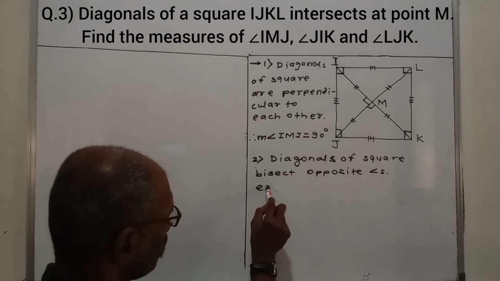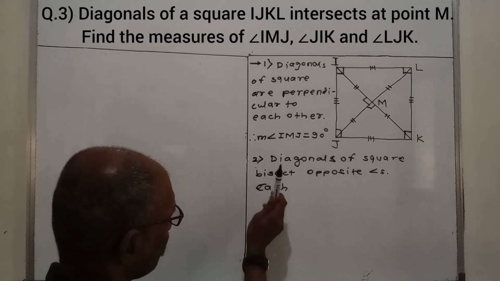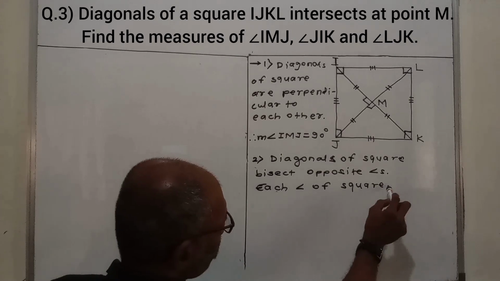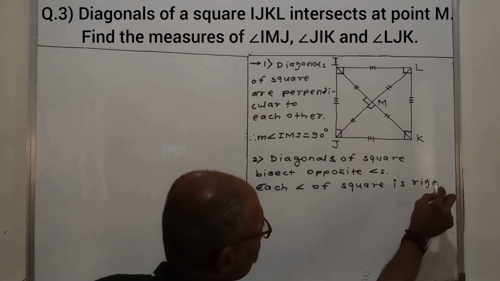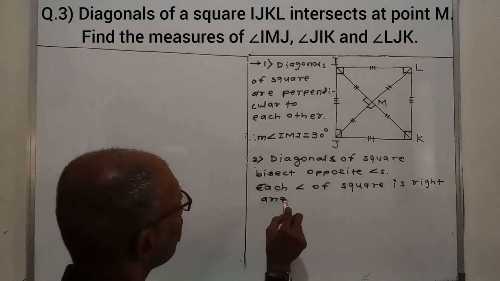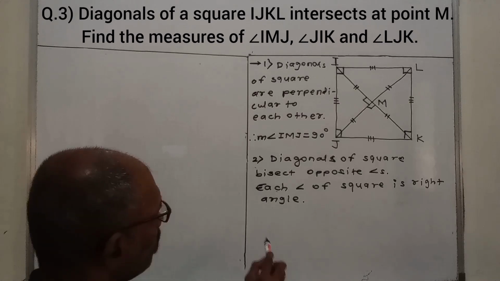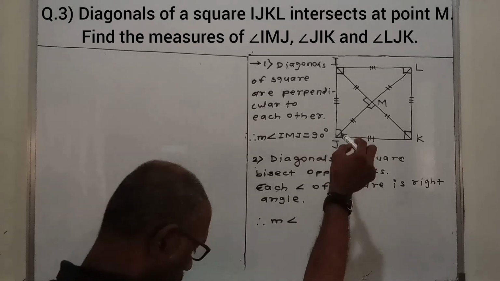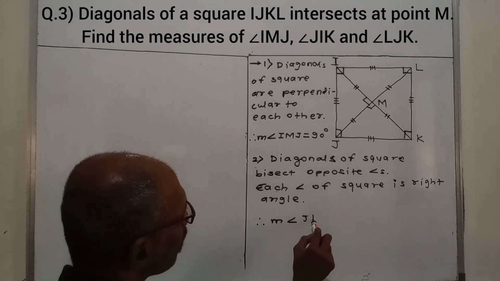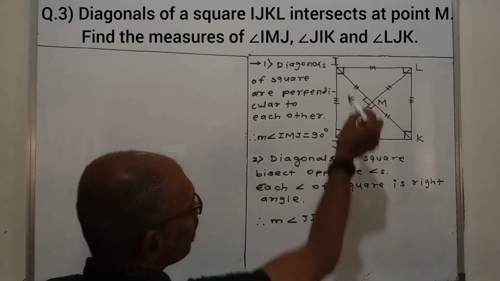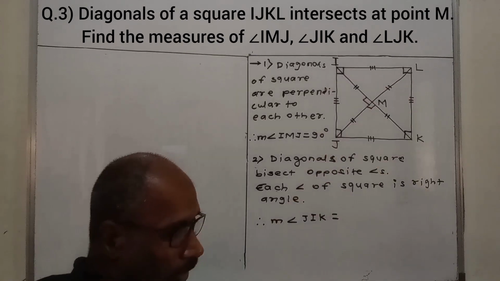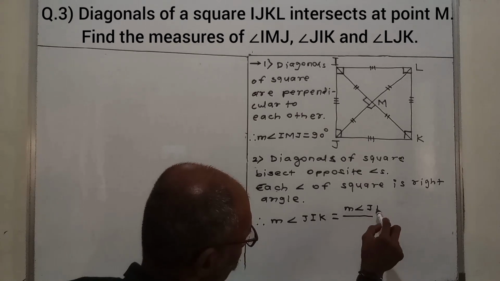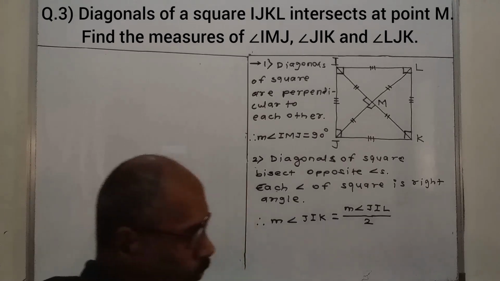Therefore, measure of angle JIK bisects this angle JIL, measure angle JIL upon 2.